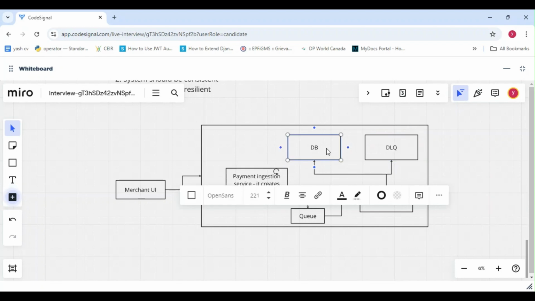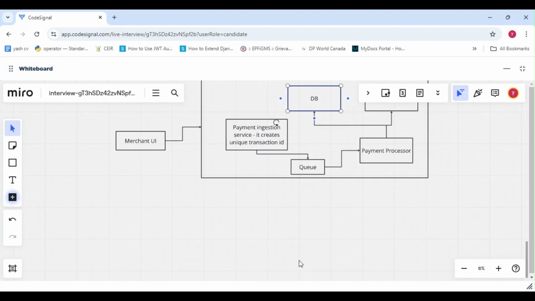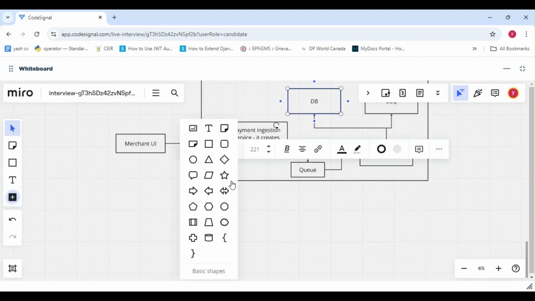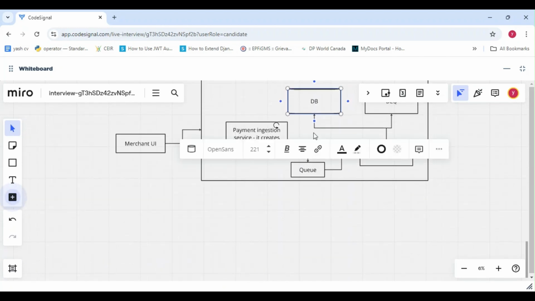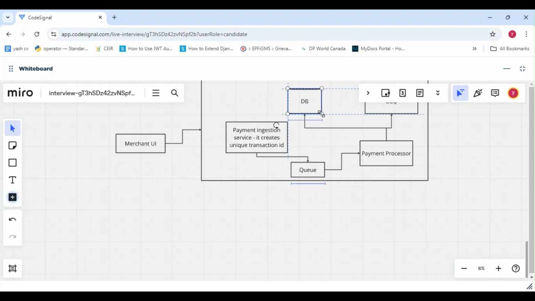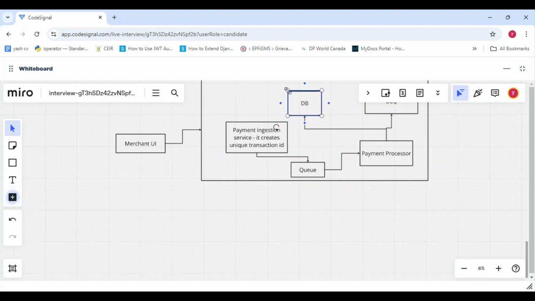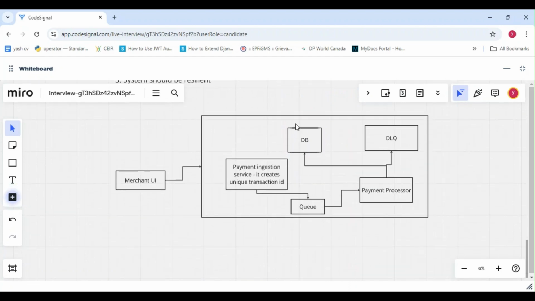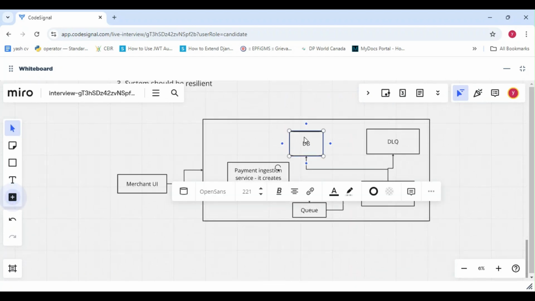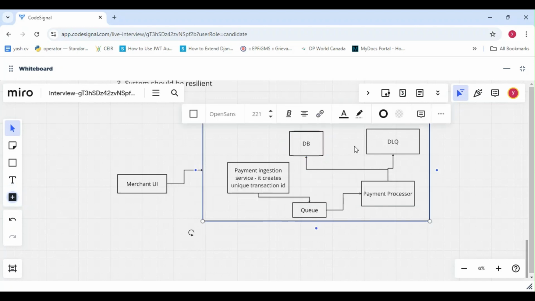For the DB, let me use this icon. It looks a little like a DB.